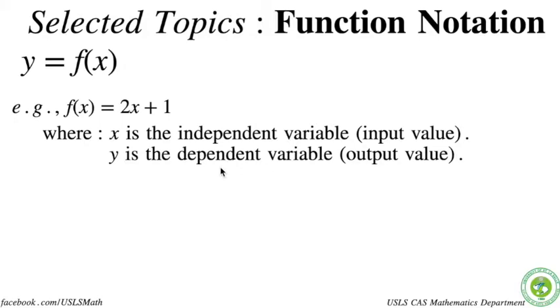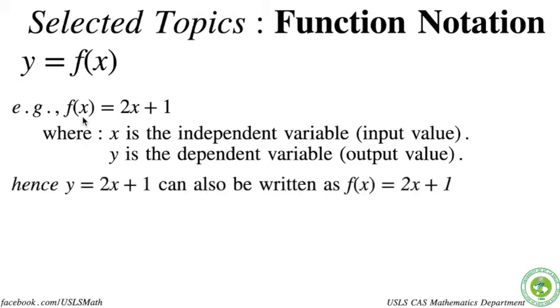Because our y, or f of x, just depends on the value we are plugging in for x. That's why it's dependent on our input value. Hence, y equals 2x plus 1 can also be written as f of x equals 2x plus 1. Again, x is the independent variable, y is our dependent variable.